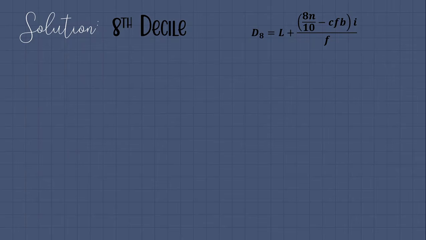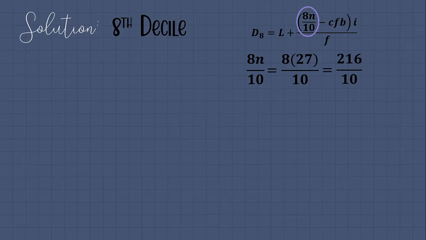We have to get the fraction inside our parentheses, or in this case, we have 8n over 10. Again, our n is equal to 27, so we have 8 times 27 over 10, that is equal to 216 over 10. So 8n over 10 is equal to 21.6.